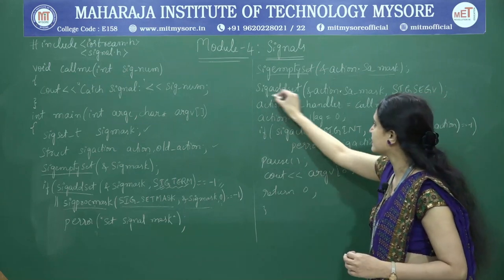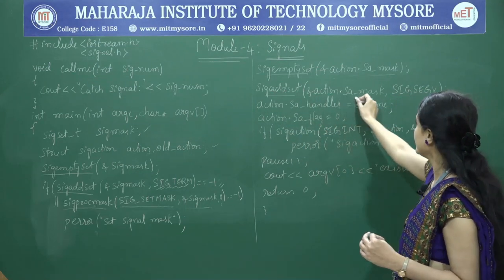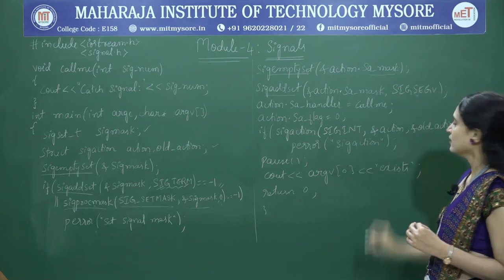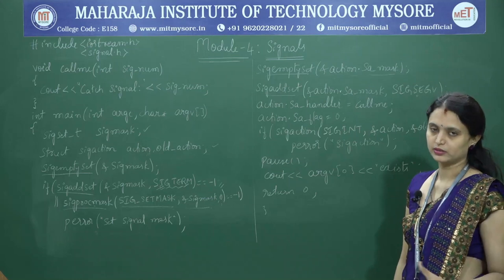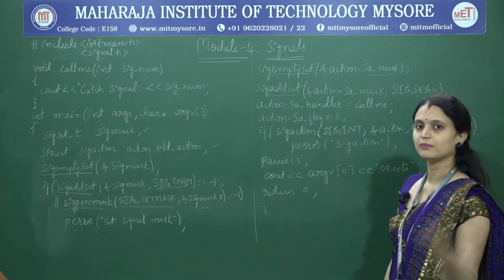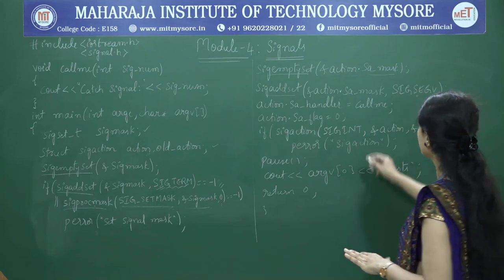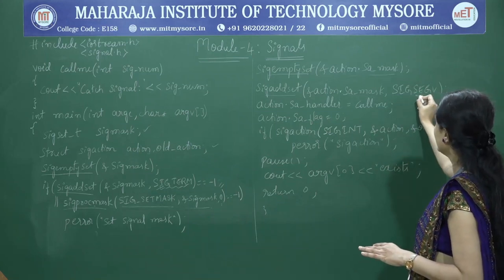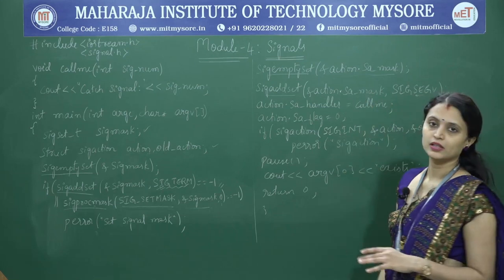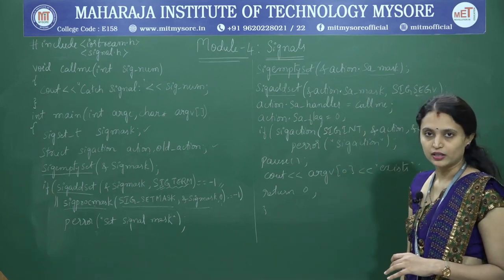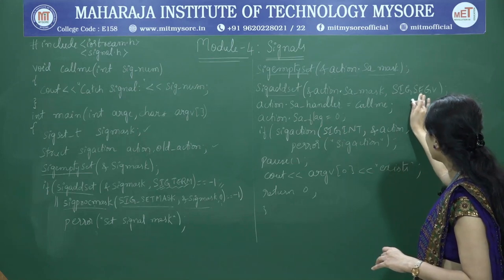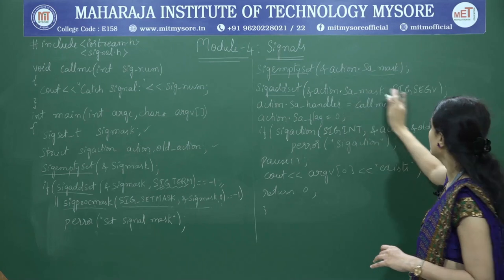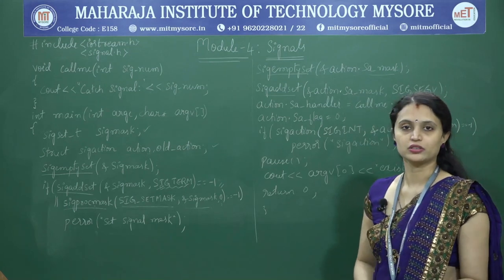Next, sigaddset with action.sa_mask comma SIGSEGV. This is the segmentation fault signal, which we have discussed in the previous session. We are trying to add this signal to this particular action. Since we are adding this signal to this action mask, this signal will be blocked.